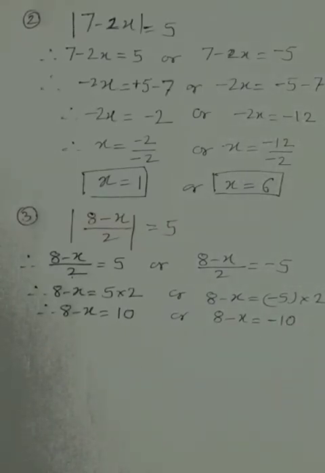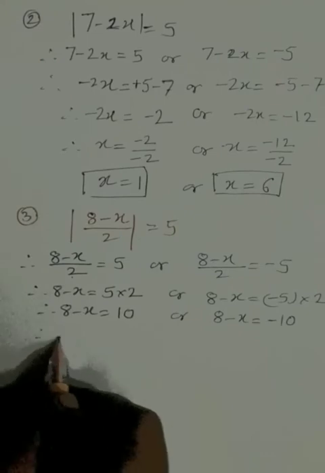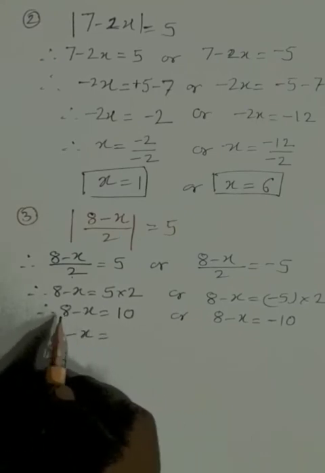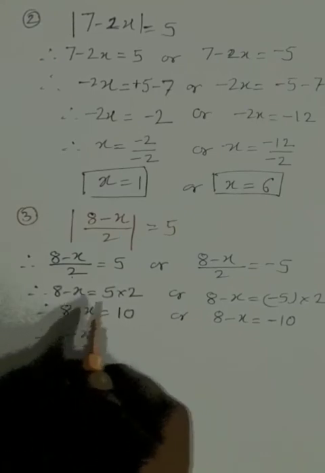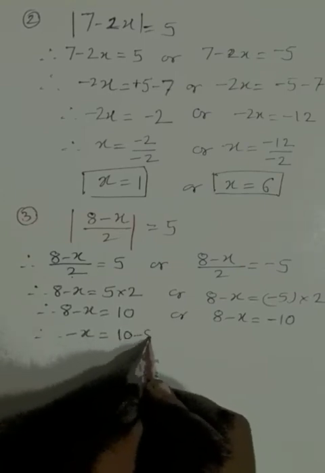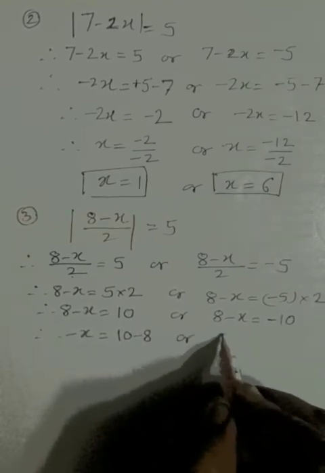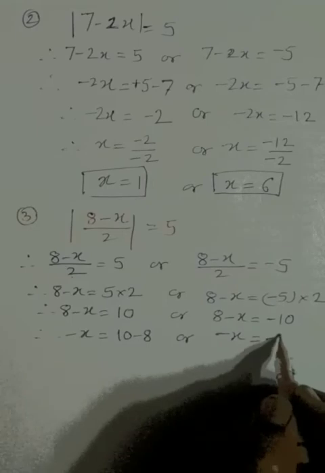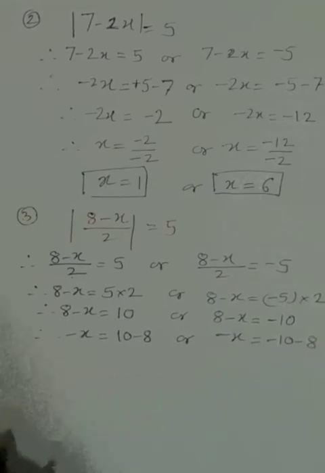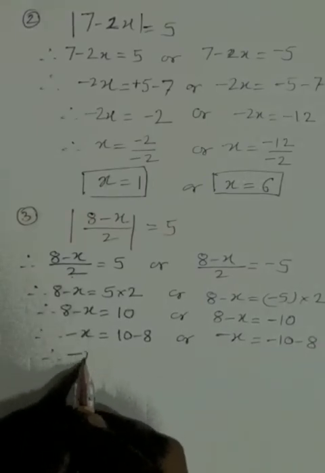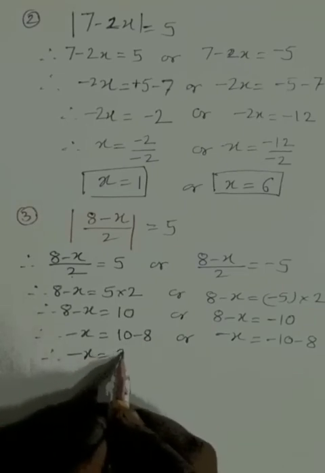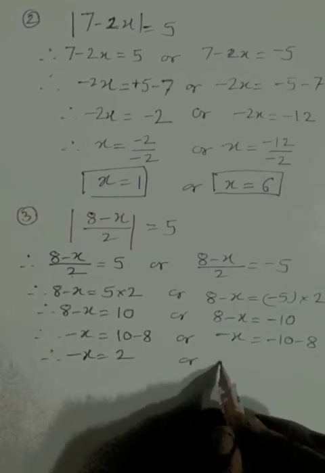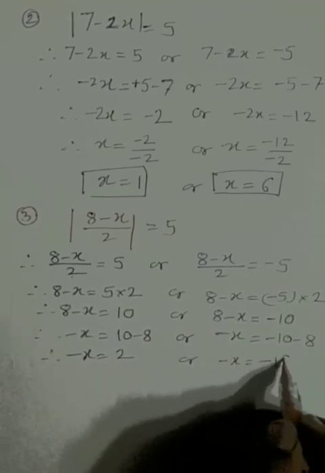Now we have to find out the value of x. Minus x as it is, transferring this 8 to the right side it will become minus, or minus x is equal to minus 10 minus 8. Minus x is equal to 10 minus 8, or minus x is equal to minus 18.